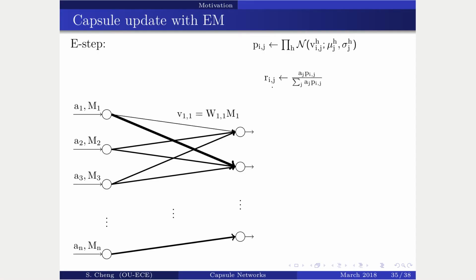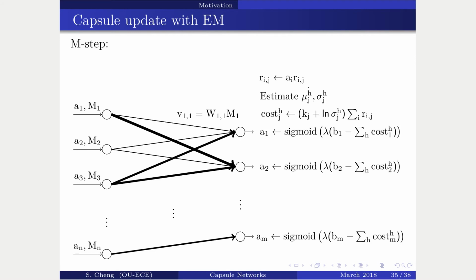The assigning probability Rij actually will be scaled not just by the incoming activation, but also the outgoing estimated activation. So it will be scaled by Aj, and then of course we need to normalize it, dividing by the sum of Aj Pij here.